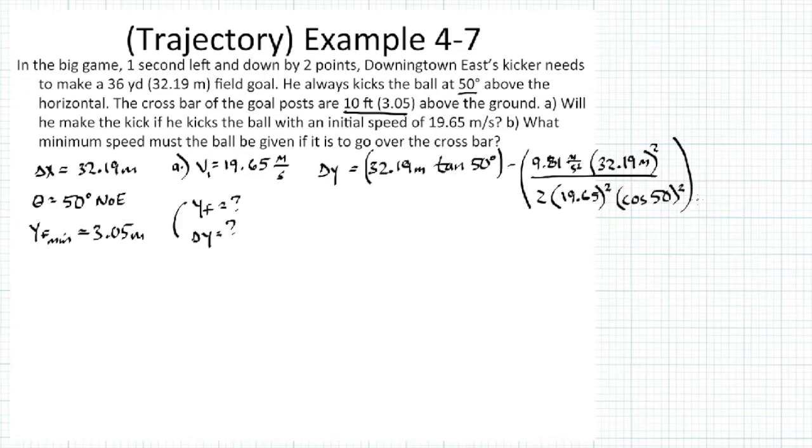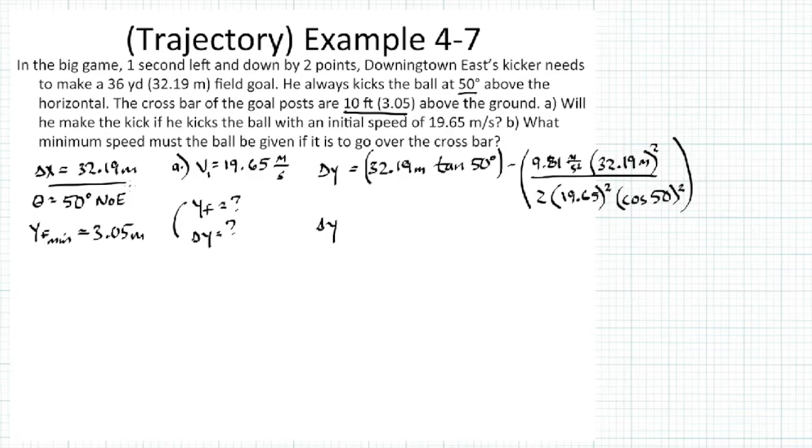All right, so we have all those knowns, and this is our trajectory equation, and we can solve now for our delta y. How high will it be, that is in the y direction, when it has moved 32.19 meters horizontally?